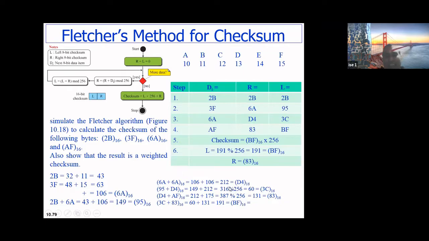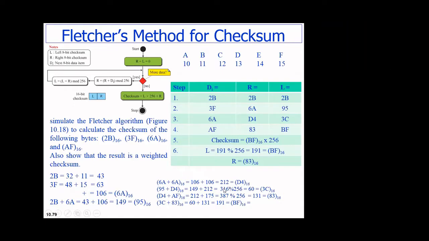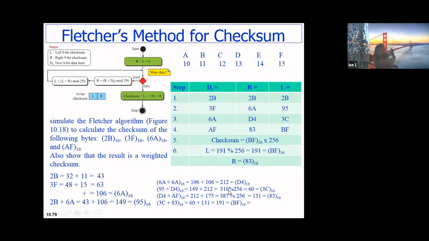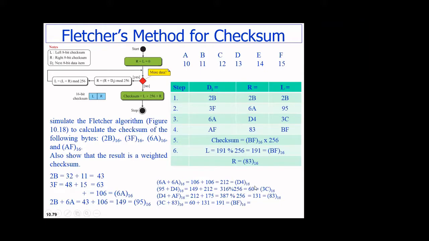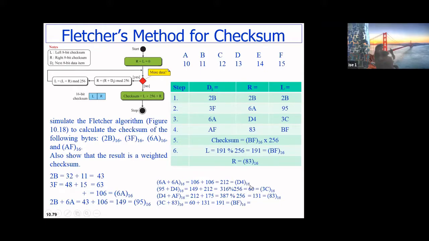This percentage sign represents the mod operation. So 316 divided by 256, how many times will it go? One time. And what is the remainder? 60. So mod operation always gives you the remainder. You got the idea?